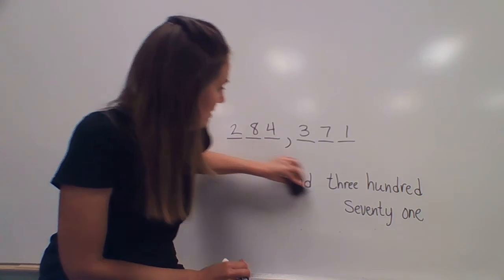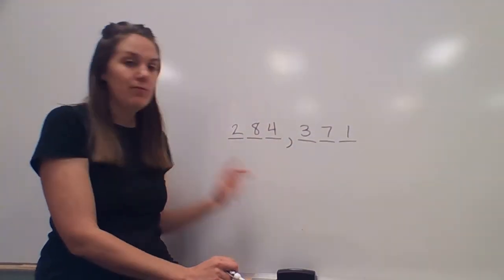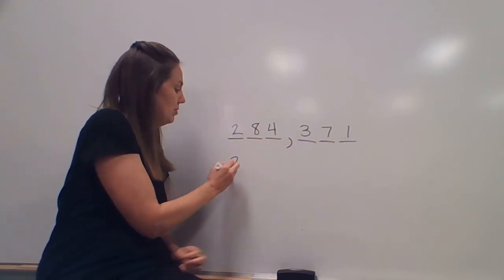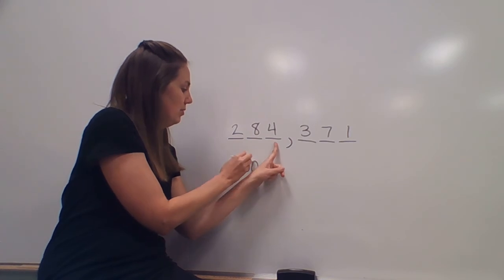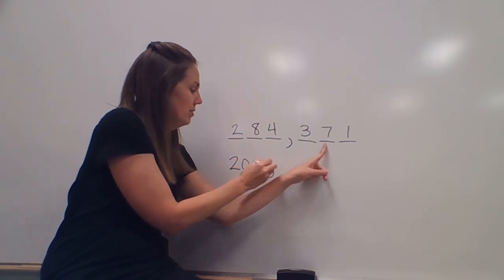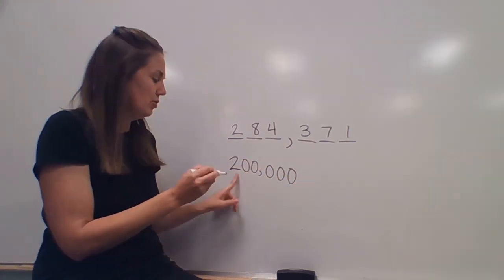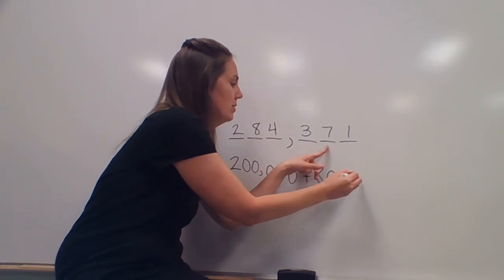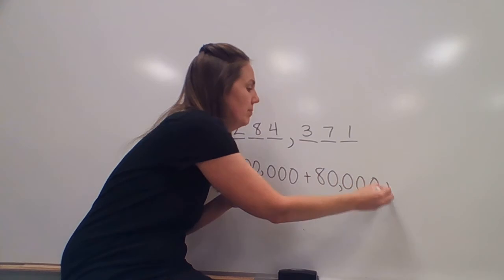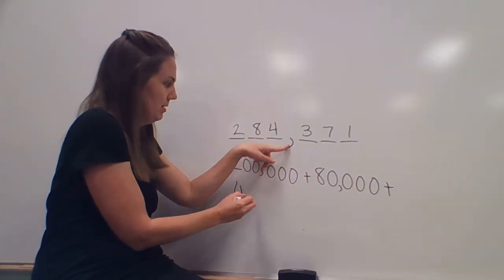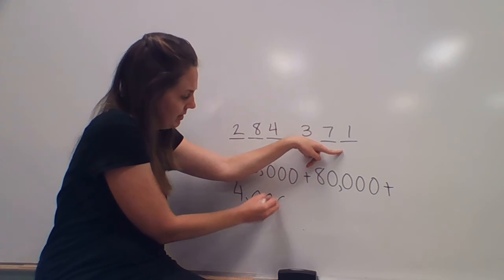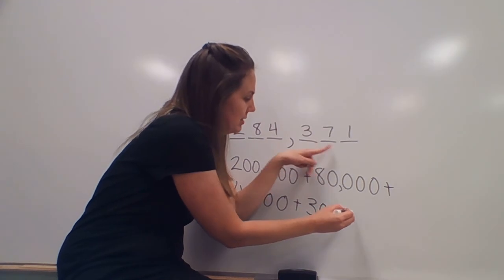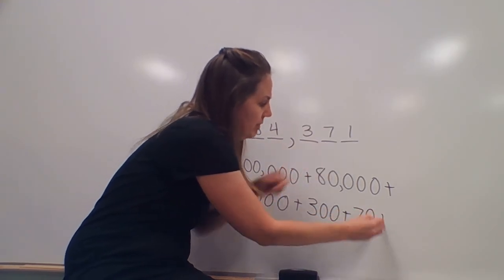If we were writing it in expanded form, remember we're going to take each digit and make everything to the right of it 0. So we would have 2, 0, 0, comma, 0, 0, 0, or 200,000 plus 8, 0, 0, 0, 0, forgot my comma in there, plus 4, comma, 0, 0, 0, plus 3, 0, 0, plus 7, 0, plus 1.